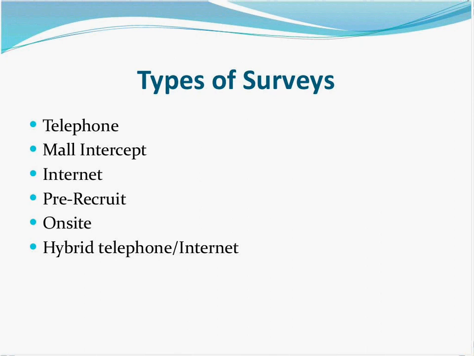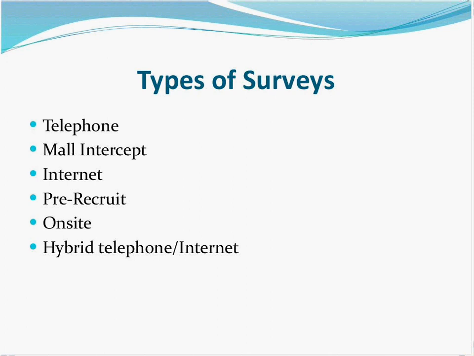Another type of survey, and it's a very expensive survey, is what we call the pre-recruit. This is the idea that you're looking to find a very, very specific type of individual, like a construction worker, or a doctor, or a lawyer, or somebody who's very much different from a lot of other people.